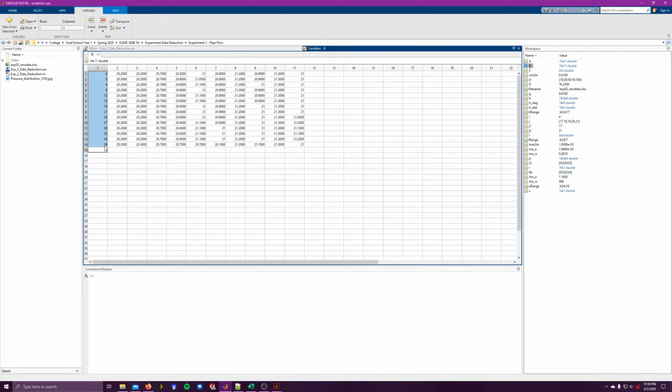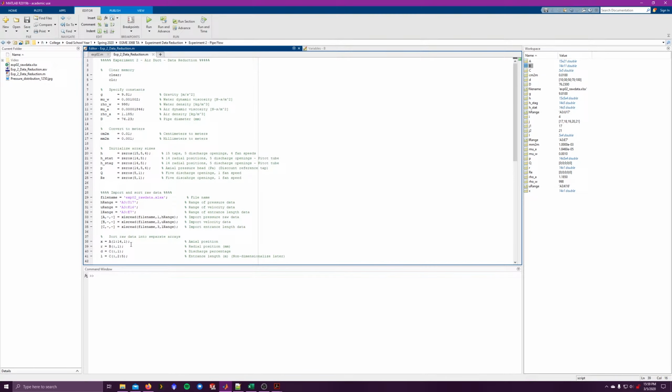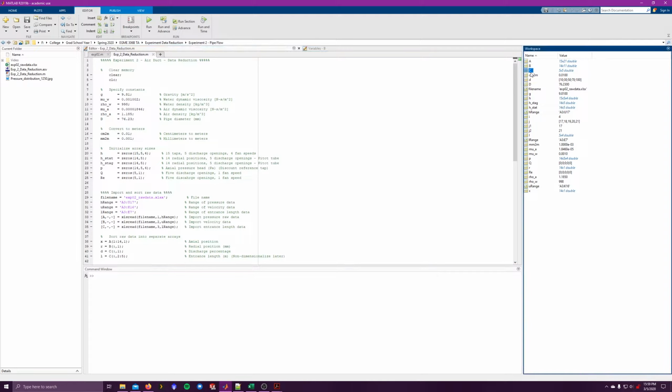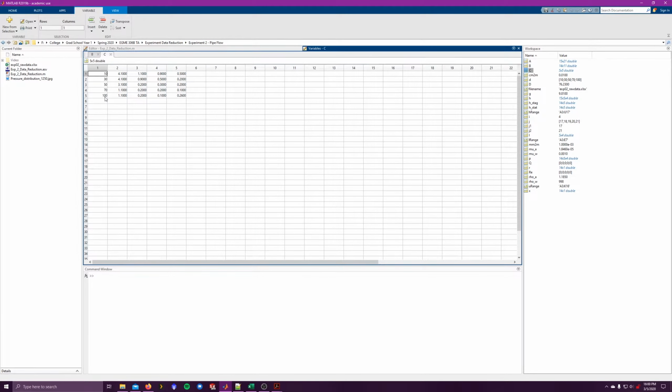And remember, in the lab, that was in units of millimeters from the center line. The discharge percentage, that's on sheet 3 for me, or sheet C. Let's open that up, and that's taking all the rows again in the first column. So we have 10 all the way up to 100%.